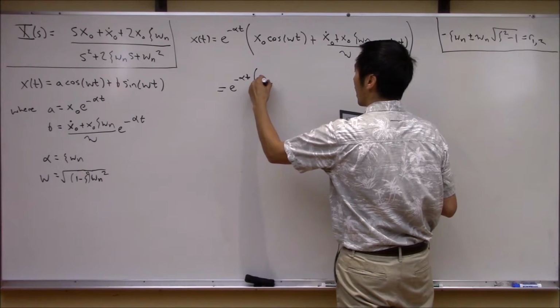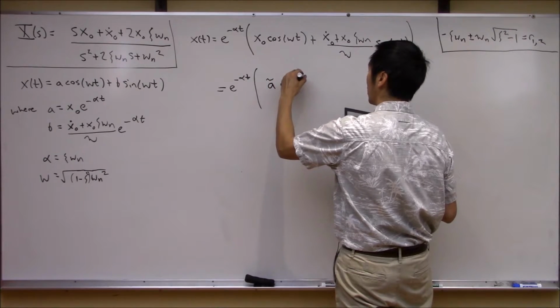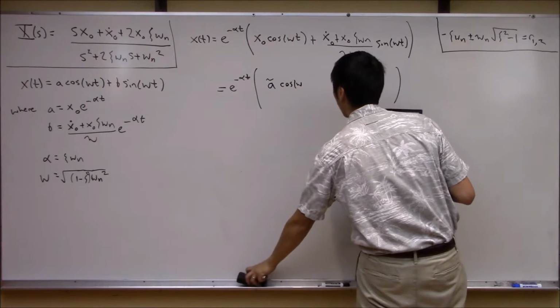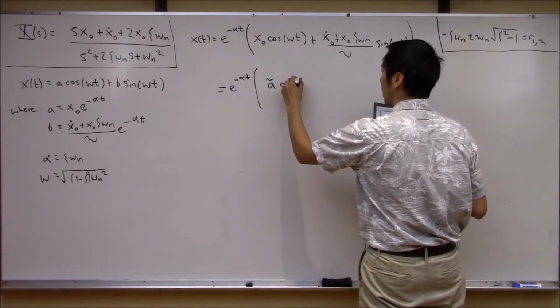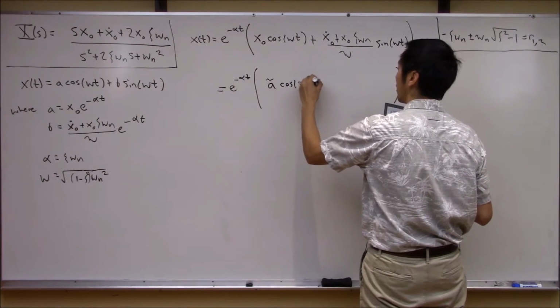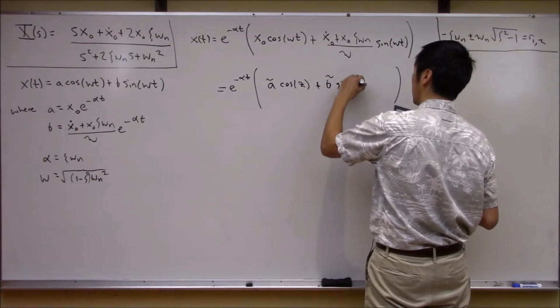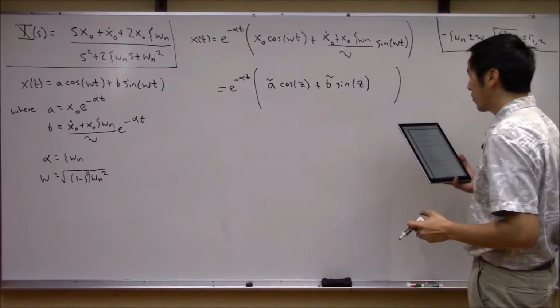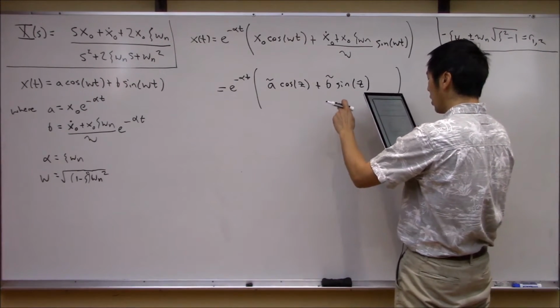Fine, let's call this a tilde cosine of z plus b tilde sine of z, since it's the same argument in both. Would everyone agree that's what it looks like when you boil it down?